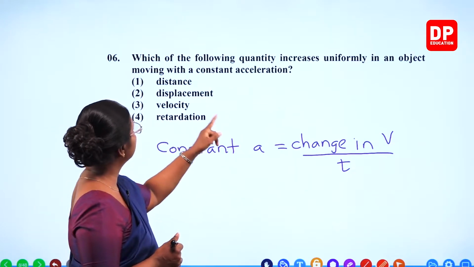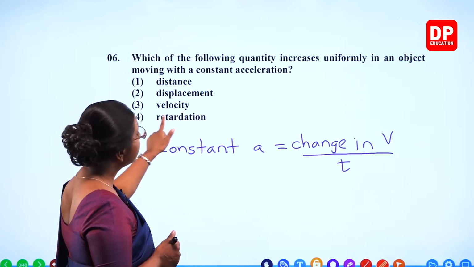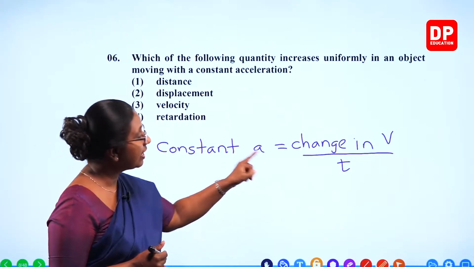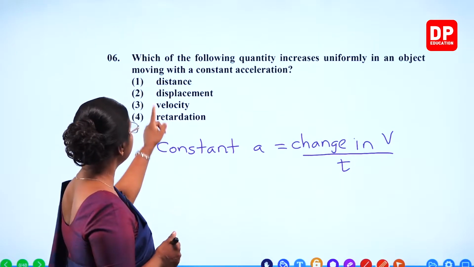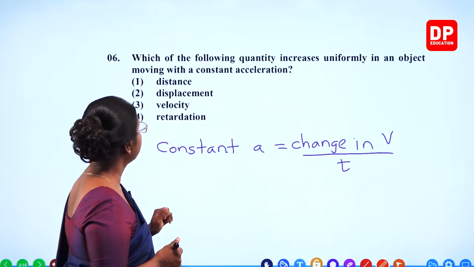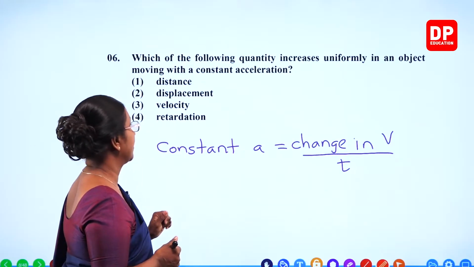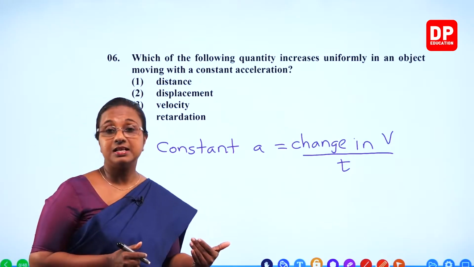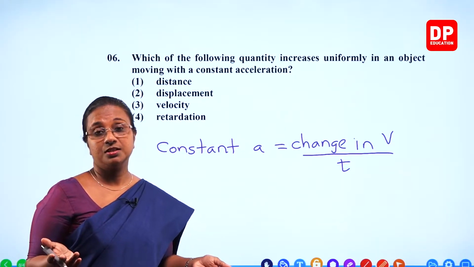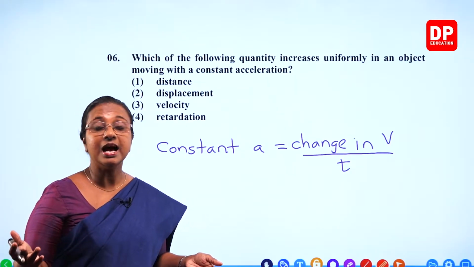Change in displacement is velocity. Then change in velocity is acceleration. So, if velocity increases uniformly, then the acceleration will be constant. Then retardation. Retardation is what? That is deceleration. Now, we don't discuss change in retardation. We do not calculate anything after that.